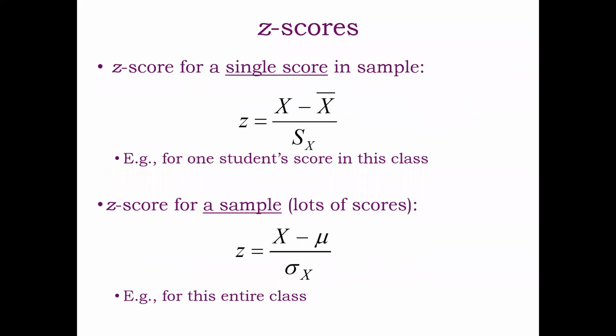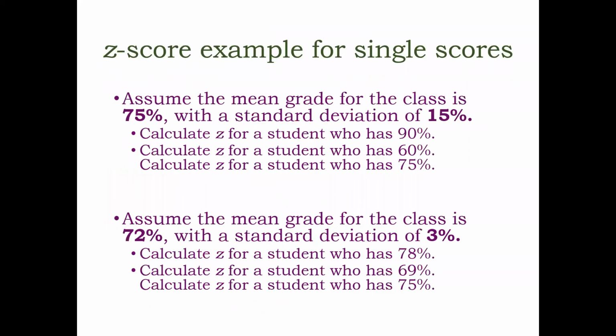All right. So for example, one student score in this class would be the z-score for a single score in a sample. And the sample might be comparing this entire class to all the population of Bakersfield College Statistics B5 students, right? So let's walk through some examples of z-score for a single score, because this is what you're going to be using quite a bit.